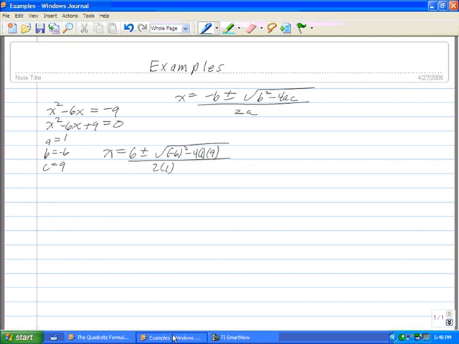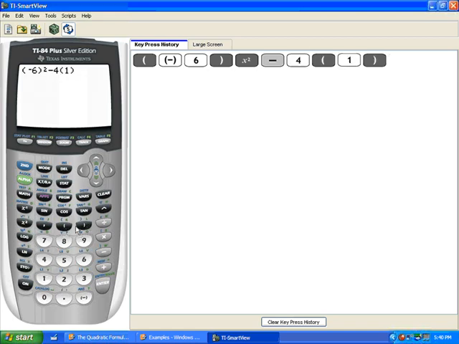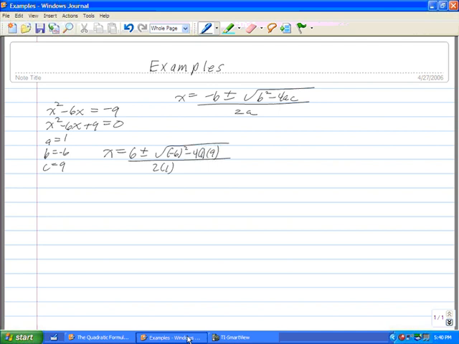Alright, in our discriminant we're going to have the negative 6 squared minus 4 times 1 times 9, so parentheses are necessary. Negative 6 squared minus the 4 times the 1 times the 9, and we find our discriminant to be 0.